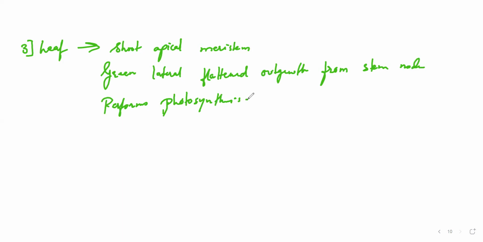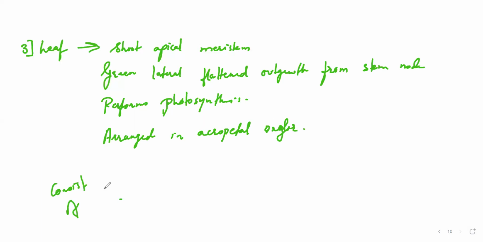So basically the leaves will be arranged in acropetal order. Okay, so if you take a basic leaf structure, it will be having 3 parts.